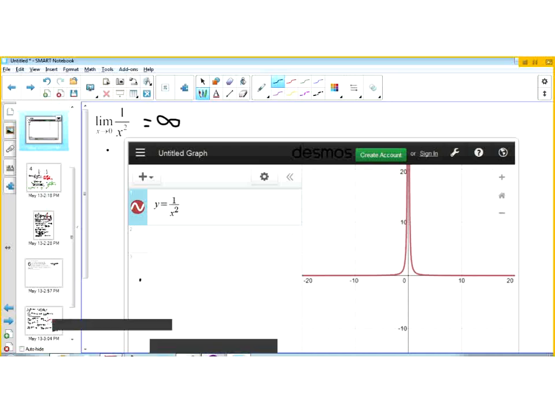And if necessary, we can use a table to demonstrate this concept even more. Let me pull up a table. Now 1 over x squared is an even function.